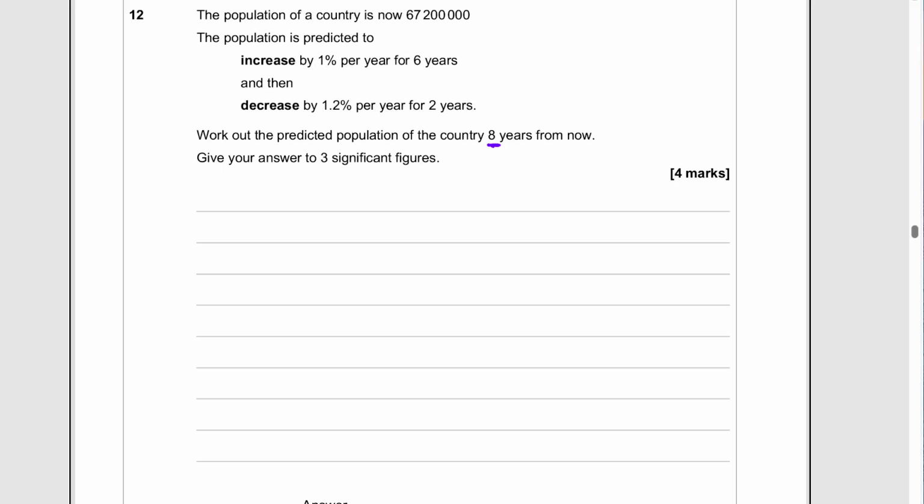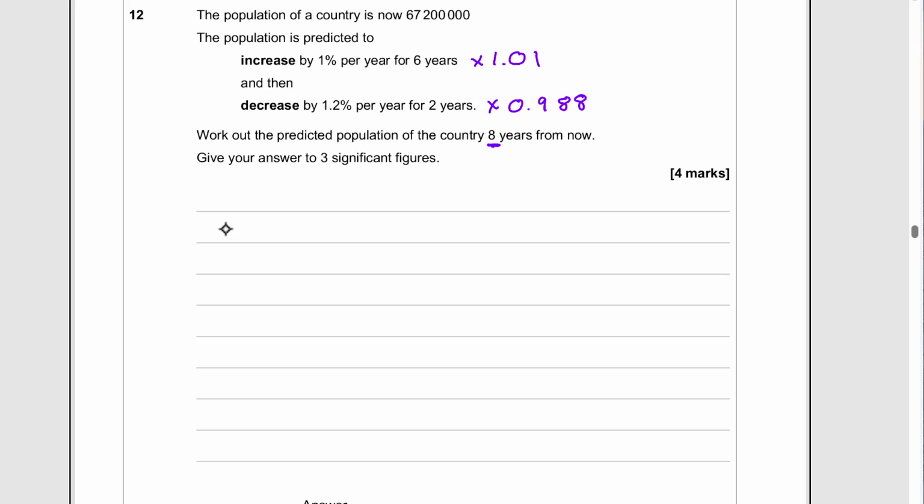Okay, so a 1% increase would be a multiplier of 1.01. And then a decrease of 1.2% would be a multiplier of 0.988. Yeah, that's right.